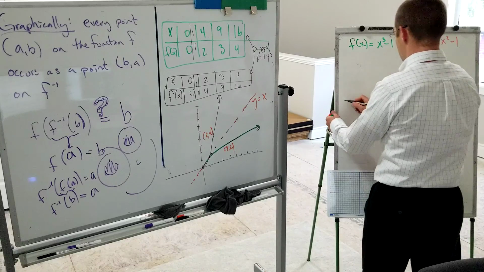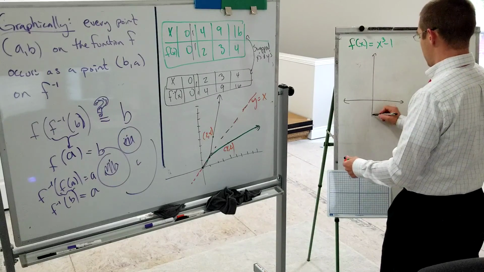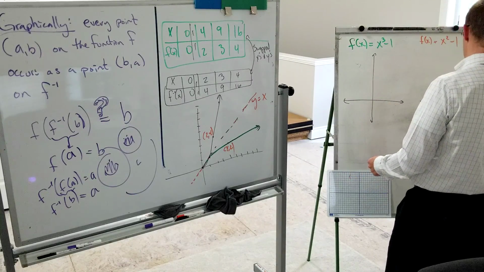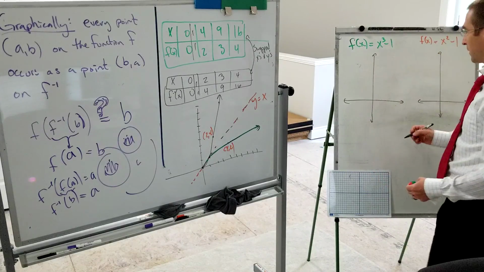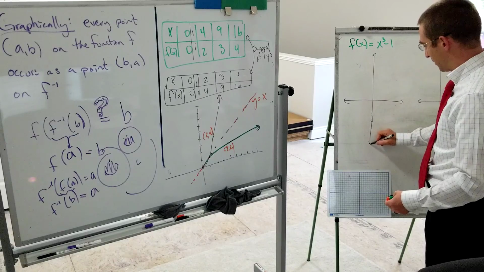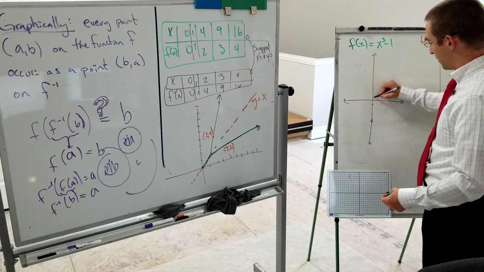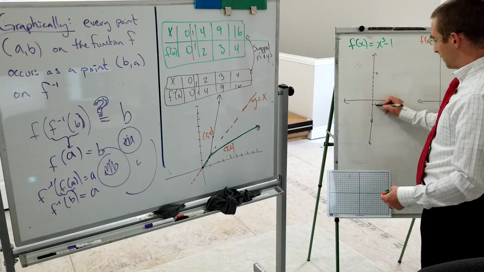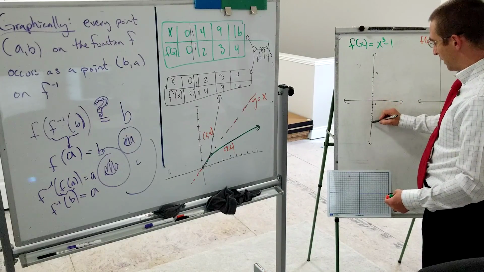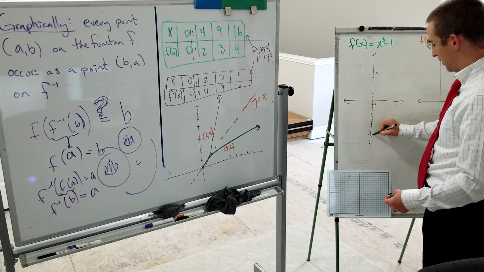So here, there's a grid. Negative 1, 0, 1, 2, 3, 4, 5, 6, 7. Negative 1, 1, 2, 3, 4, 5, 6, 7, 8, negative 9.